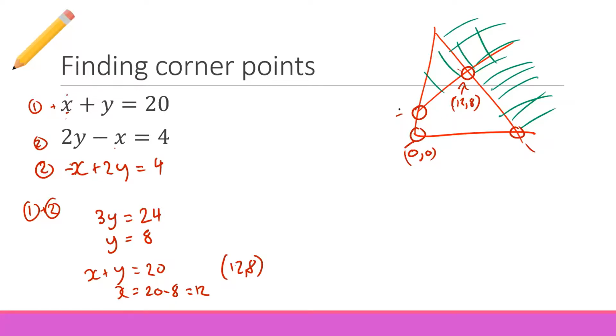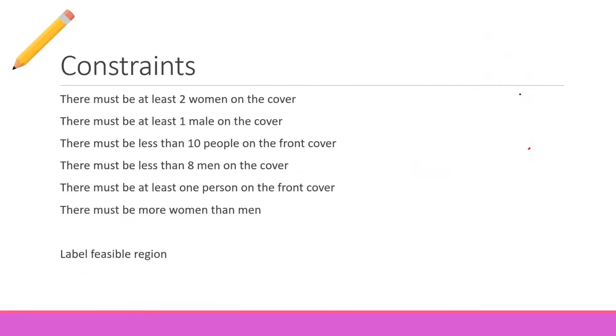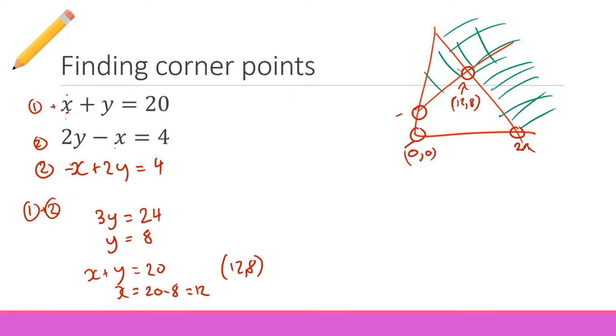Now, as for the other points here, well, this line here, I can tell you that this point here will probably be 20. The reason I know that is because I know that this line that goes top to bottom here is 20, 0, and 0, 20. I know that because that is the plot of this graph here.